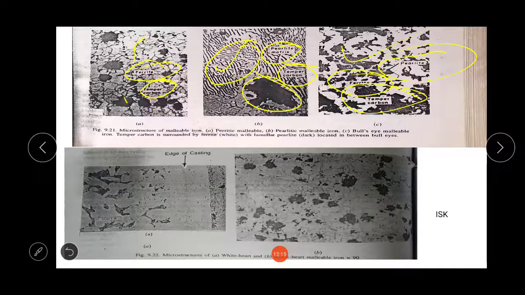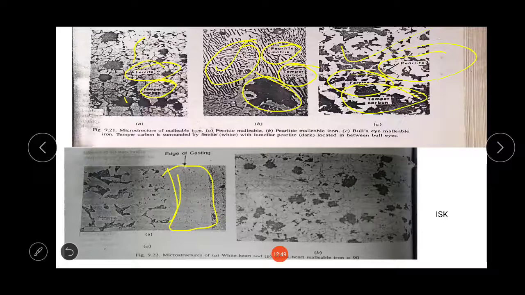Next we learn the white heart malleable cast iron and its microstructure. This is the microstructure of white heart malleable cast iron, and in this area it is white in color, so it appears as steel.